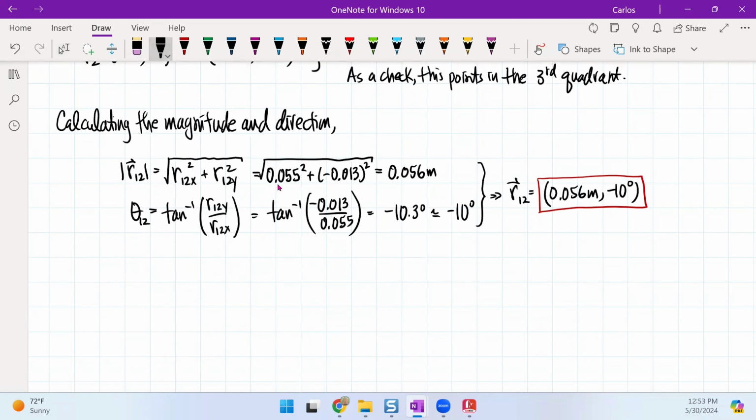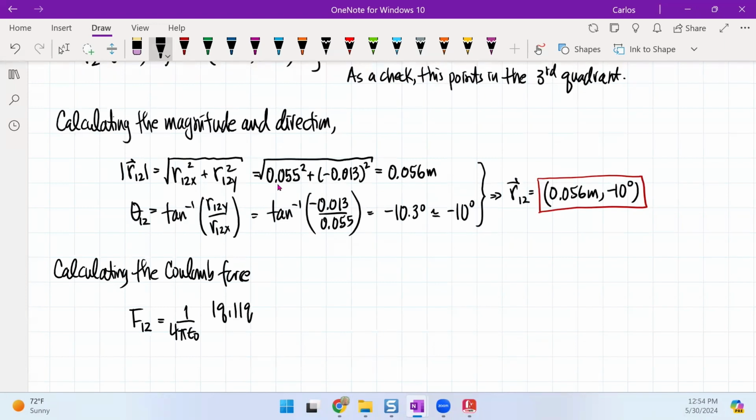So now calculating the Coulomb force, we say that our magnitude is going to be 1 over 4 pi epsilon times the charge of 1, the charge of 2, divided by their displacement squared.